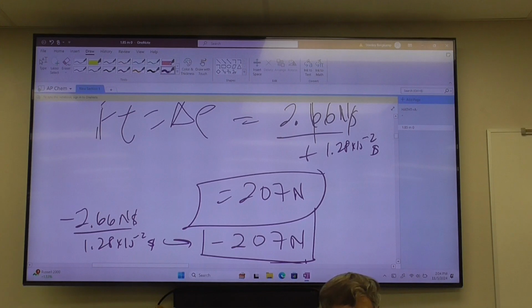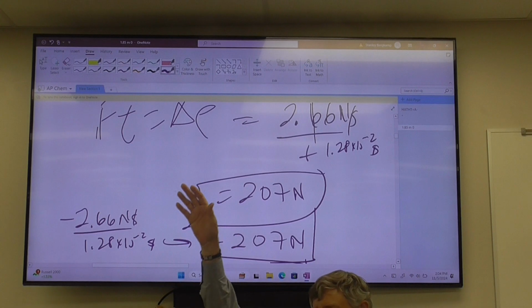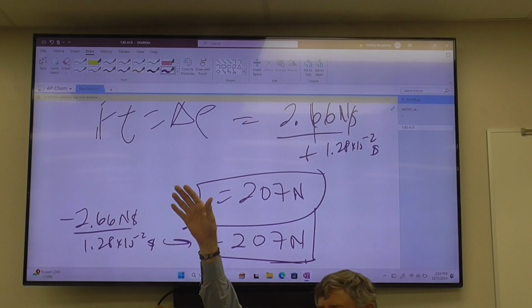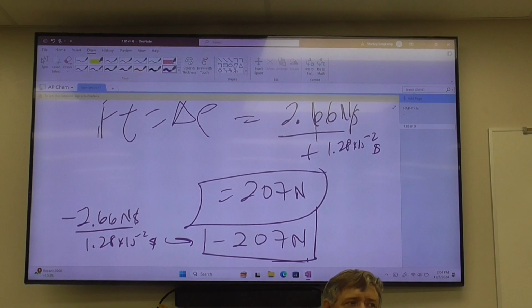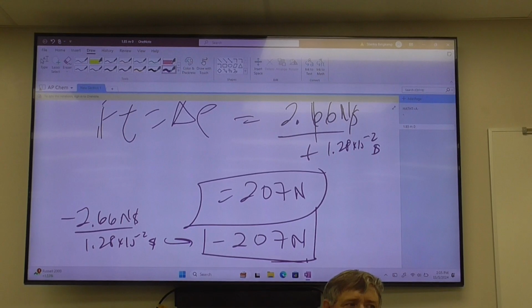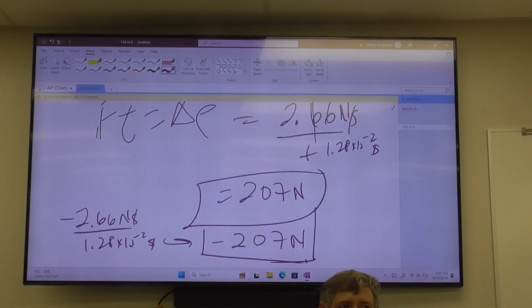At this point, Thatcher, could I determine the acceleration of the ball while it's in contact with the Earth? Yeah. By doing what? F equals ma. You know the force acting on the ball.